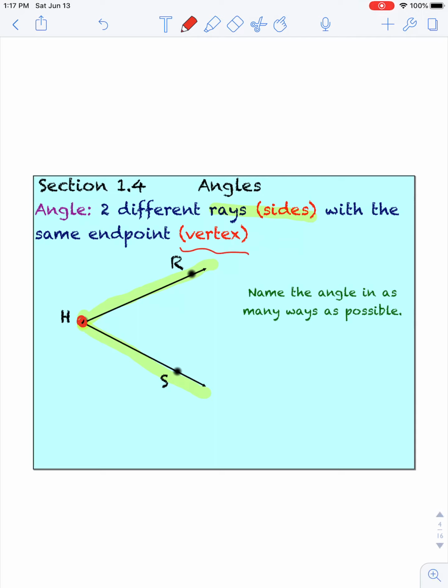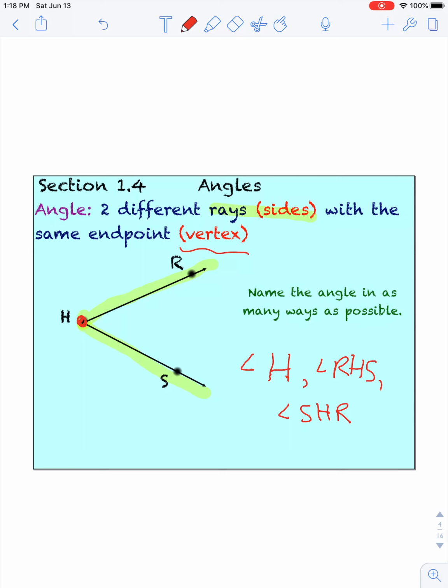When we name an angle, we can name it with one single letter as long as there is only one possible angle and name for that. So we could name this angle H. We can also name it with three letters, but we have to make sure that the vertex is in the middle. So we could also name it angle RHS, and we could also name it angle SHR.